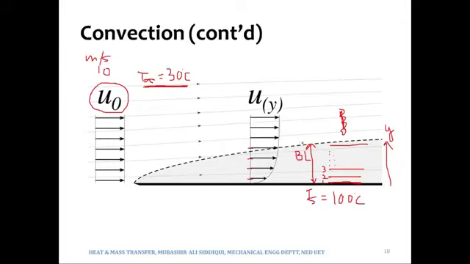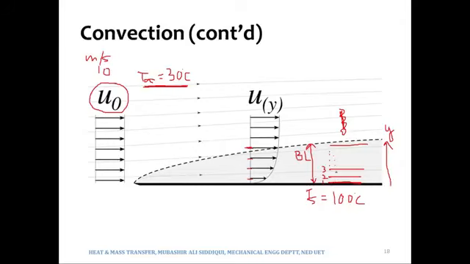The velocity boundary layer is that region where we will see the variation of the velocities. If we are moving away from the plate, the velocities of the layers of the fluid will keep on increasing till we reach the free stream velocity of 10 meters per second or whatever it is.